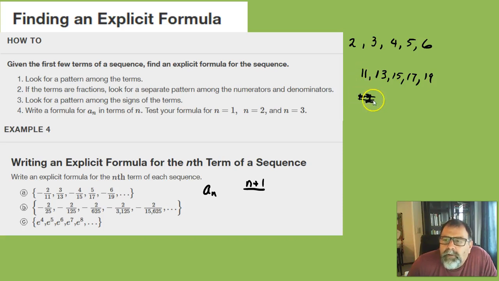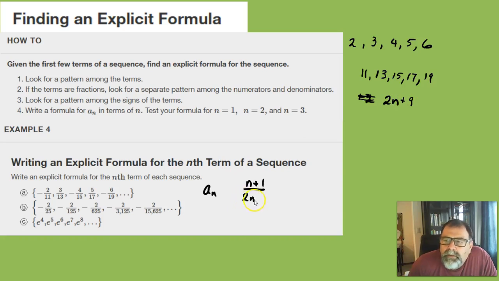If you're adding 2 each time, you're going to use 2n. If I put in 1, that gets me 2, but I need 11. So 11 minus 2 is 9. Not scale it, I need to slide it, shift it. If I put in 1, that's going to give me 11. If I put in 2, that gets me 13. Put in 3, that gets me 15.